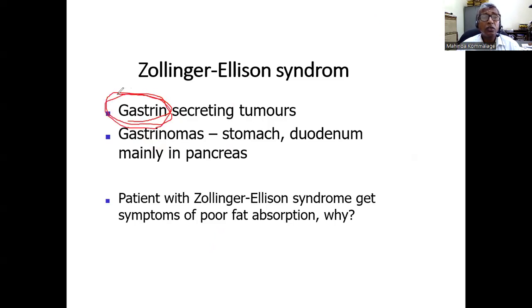Right? So what is the function of gastrin? Gastrin is a hormone. Yes. I explained it in the previous lecture. So what is the function of gastrin? Yes, anybody? What's the action of gastrin?